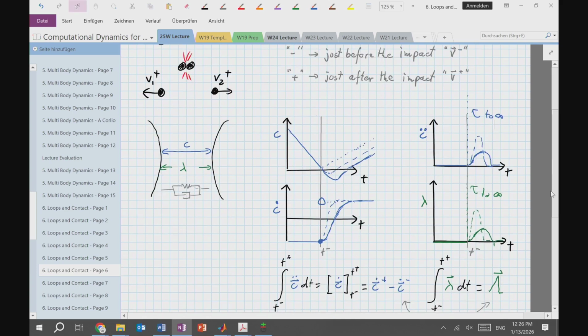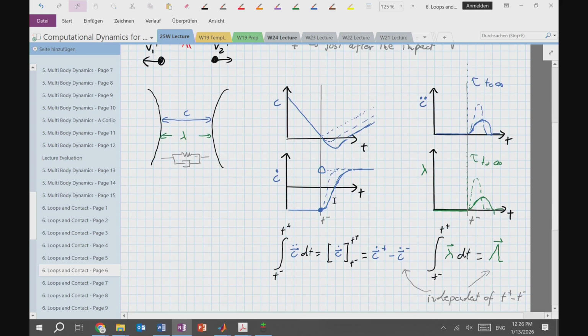But even with these things going to infinity, we still know that the integral over these quantities is well defined. The area under this curve, which has 0 width and infinite height, is well defined as this contact impulse capital lambda and the difference between these two velocities.